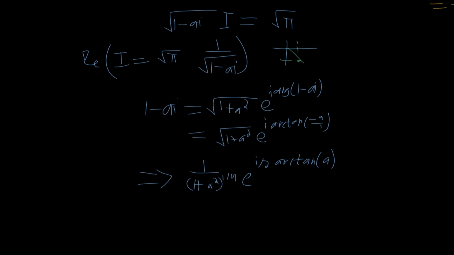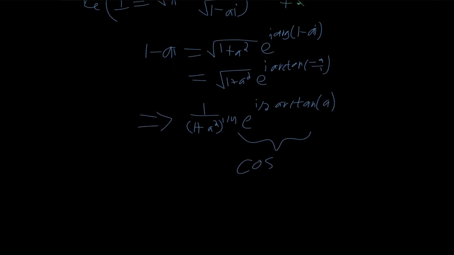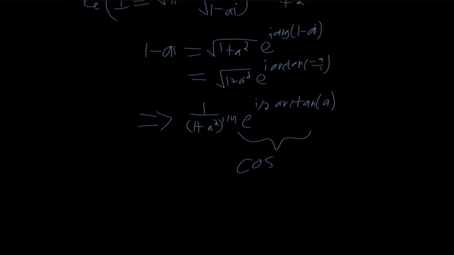We just have an e to the i something. So this is just going to be cosine, because again, it's the real part. So cosine of 1/2 arctan of a.